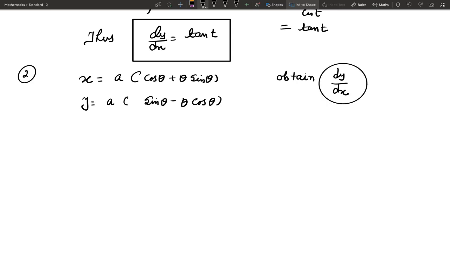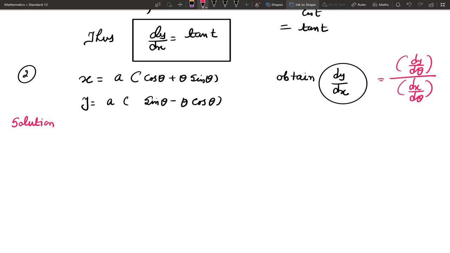So here you can observe that x is in terms of theta. So here theta is a parameter. X is a function of theta, y is a function of theta. So one can evaluate dy by dx using dy by d theta upon dx by d theta. So let us evaluate dx by d theta and dy by d theta.